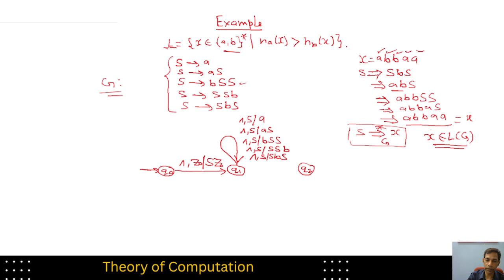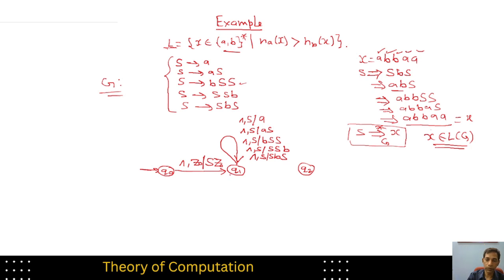S derives SS. Similarly, S can also be replaced with SSB, and S can also be replaced with SBS. So whenever the top of the stack is S, then you have the 5 possibilities, and if the string is in the language, then there must be some correct guess of replacement, so that your machine will be able to reach the final state.